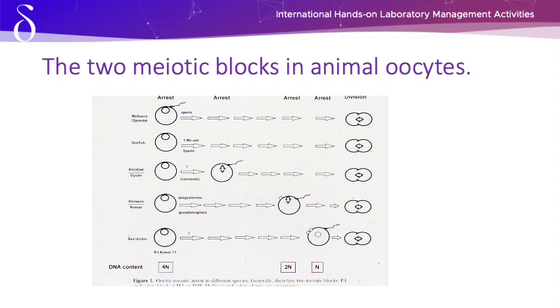And the human and the frogs are blocked in metaphase 2. Again, the sperm is responsible for releasing this meiotic block. All oocytes are blocked previously in prophase anyway, as they are in the growing stage within the ovaries.